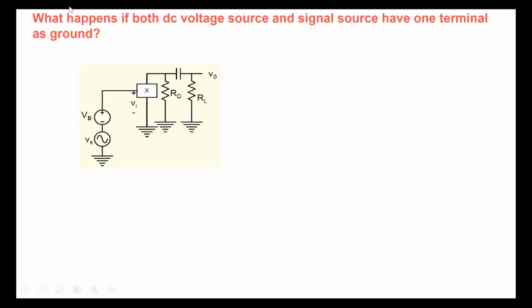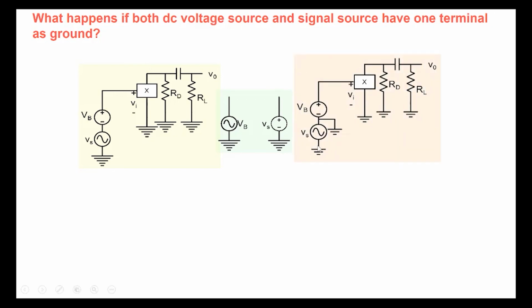Now, there's another part here. What happens if both the DC voltage source and the signal source have one terminal as AC ground? Here we had simply connected the signal in series with the biasing voltage. But many times the biasing voltage has one terminal grounded and the signal also has one terminal grounded, and therefore connecting them in series is not possible in this simple manner.